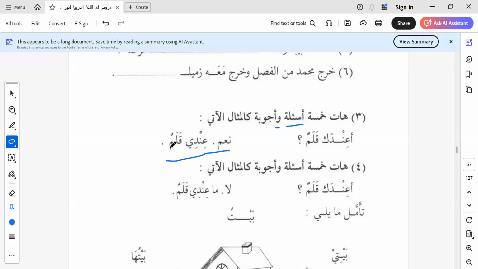Indi. Inda is when you want to use it to mean you have. I think we're going to talk about it. So inda means you have. A-indaka, you have a pen. Sometimes we translate inda to mean with, when somebody is in your custody. It's more than when someone is with you. Please, there's a difference between ma'a and inda.